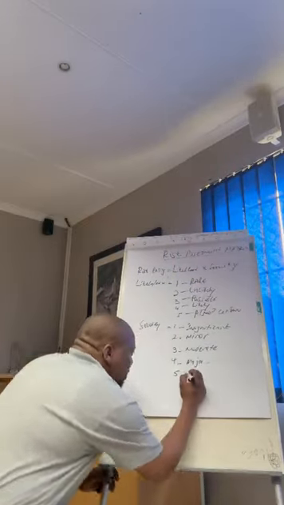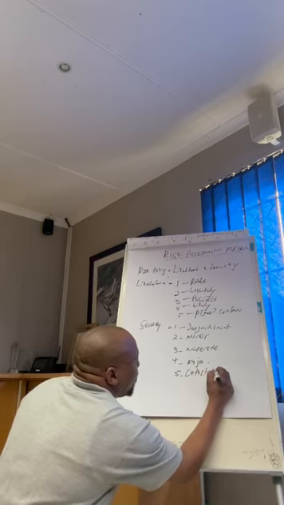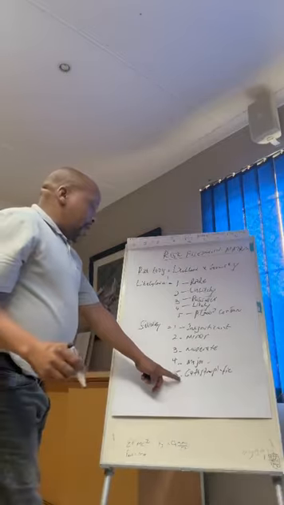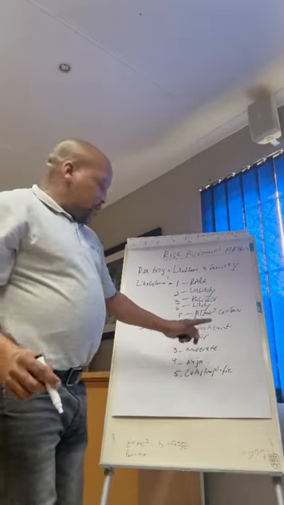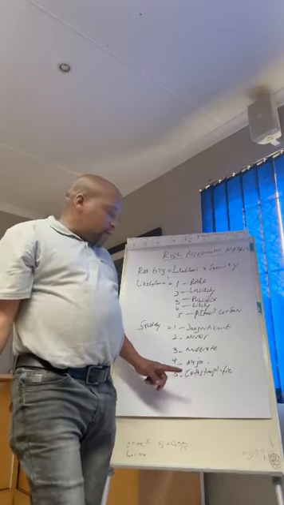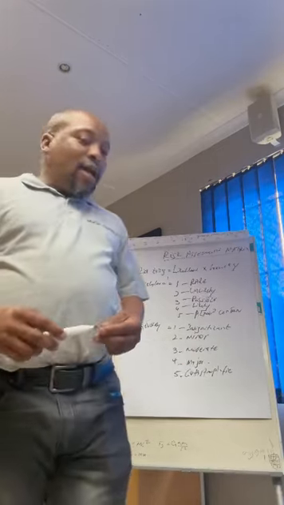Number 5 is catastrophic, fatality or permanent disability. Here, the person is dead or is likely to be disabled. Maybe he lost his limb. He's not going to have this leg forever after this incident. So this risk is called catastrophic.